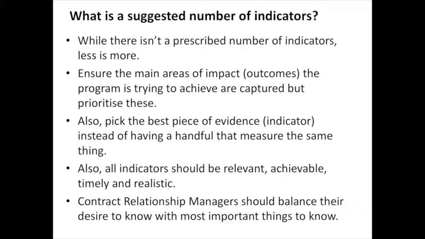Also, pick the best piece of evidence instead of having a handful that measure the same thing. Indicators should be relevant, achievable, timely, and realistic. Contract relationship managers should balance their desire to know a lot of information with the outcome of reporting on the most important things.